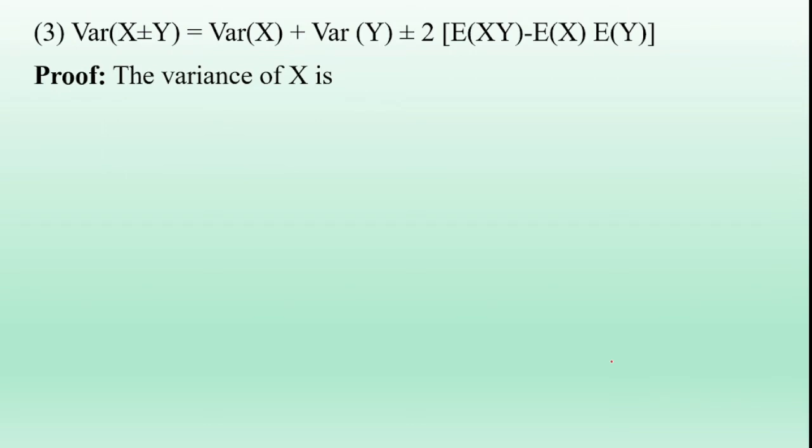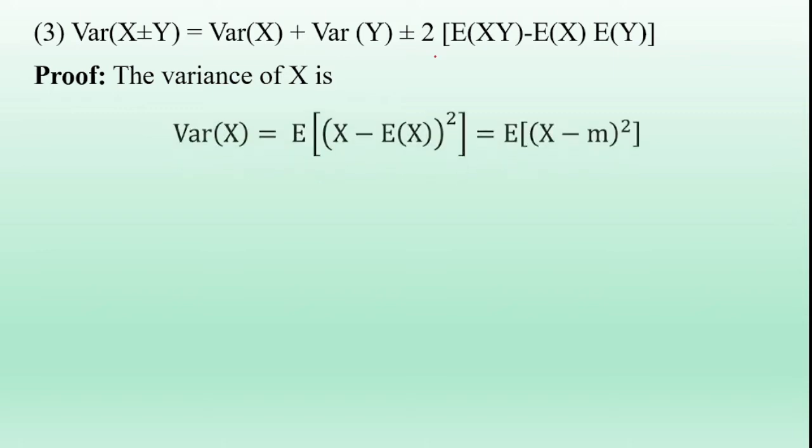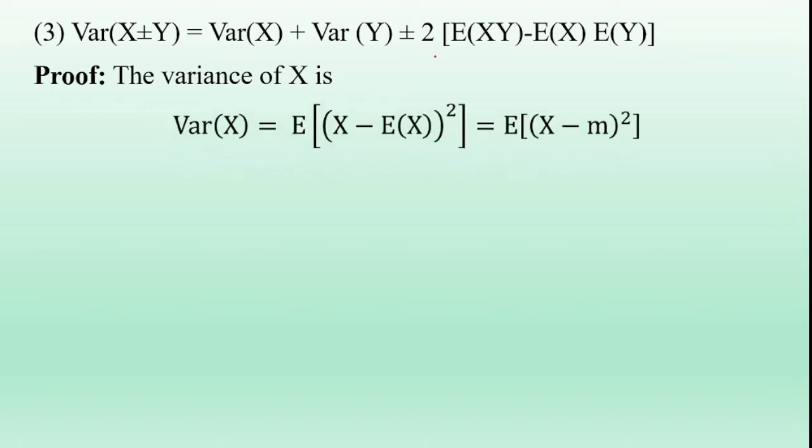the variance of x plus or minus y is equal to the variance of x plus the variance of y plus or minus 2 times the expectation of xy minus the expectation of x times the expectation of y. We know the definition of the variance of a random variable is the variance of x equal to the expectation of x minus m whole square.